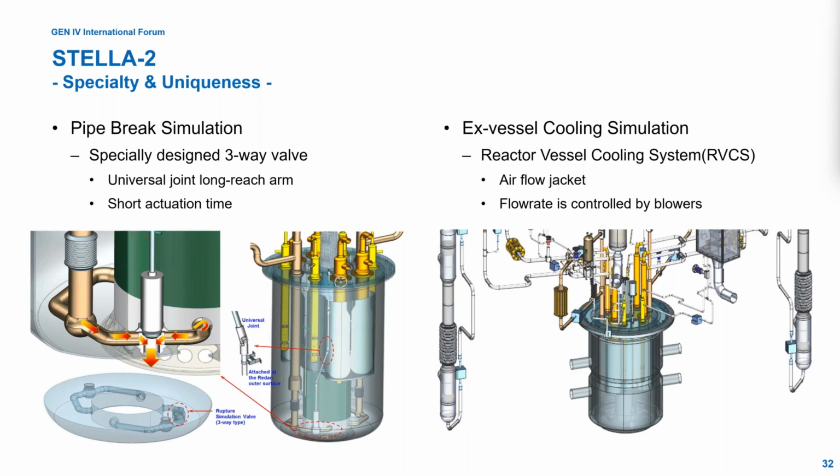And we have a reactor vessel cooling system with an airflow jacket, and there's a blower outside, and the flow rate is controlled with flow meters. Okay, so next slide, please.